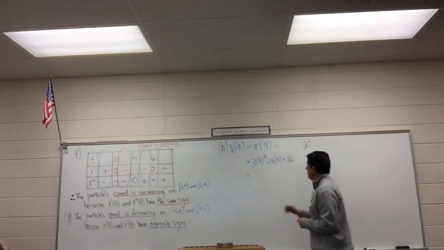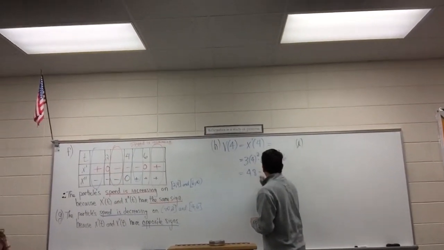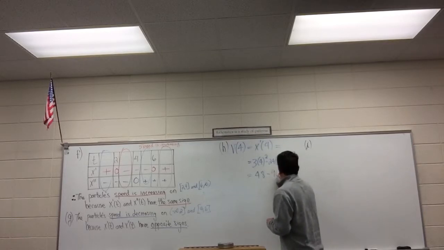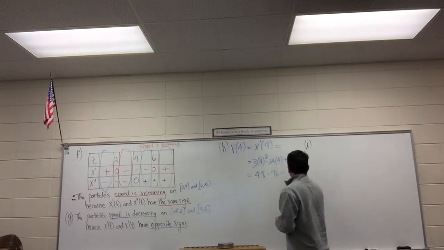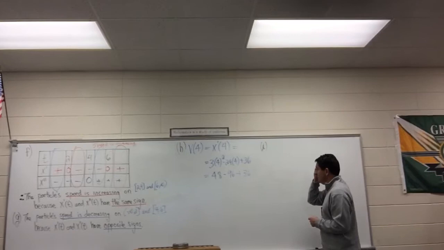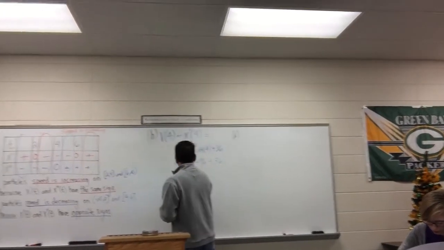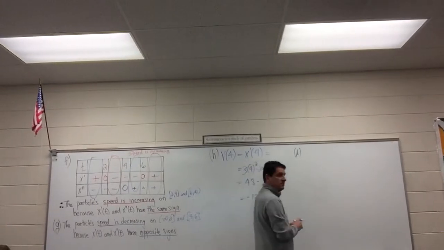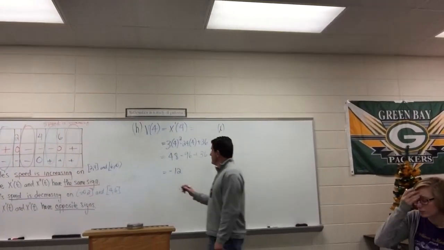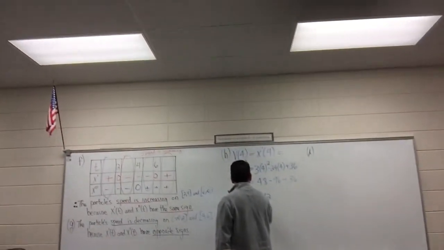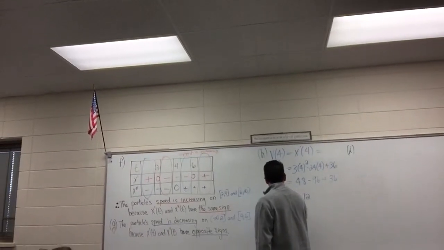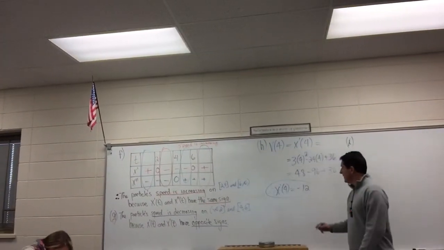And what does that give us? 48 minus 96 plus 36. I got negative 12. Okay, so x prime of 4 is equal to negative 12.